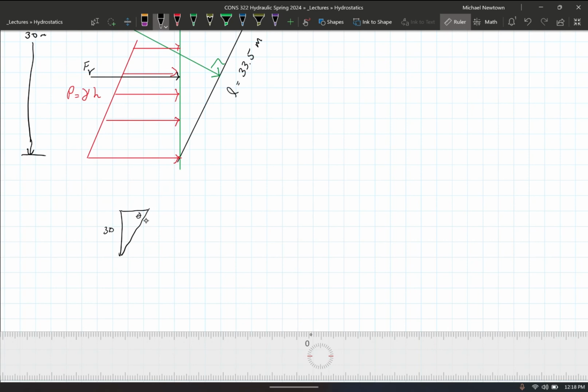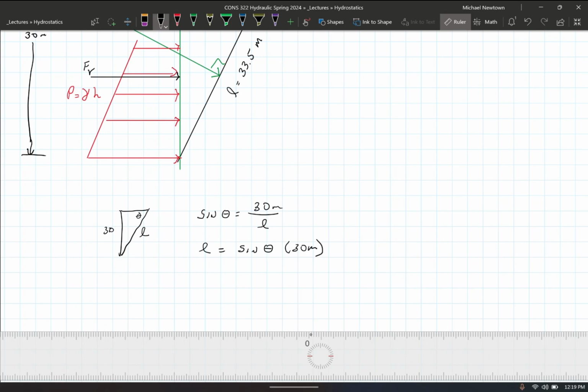If I'm looking at finding L here, it's the sine, because it's the opposite over the hypotenuse. So we got a sine of theta equals 30 meters over L. L equals the sine of theta times the 30 meters.